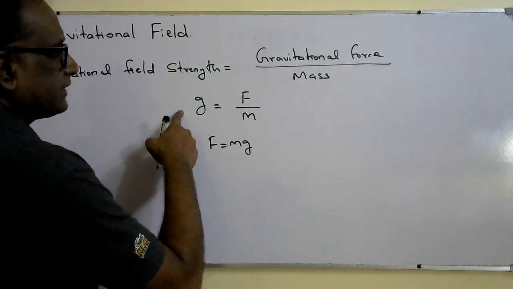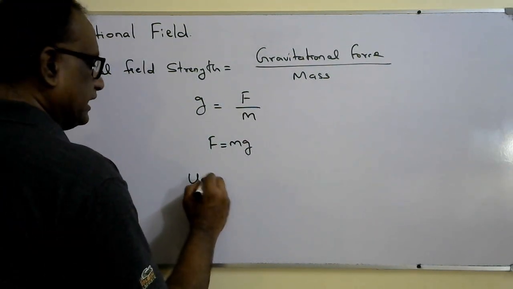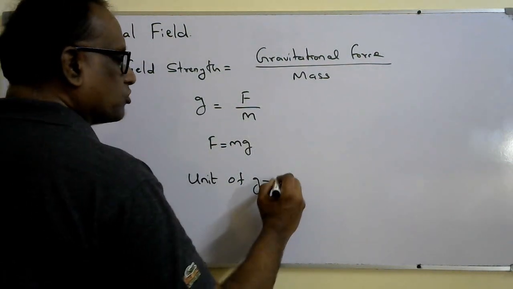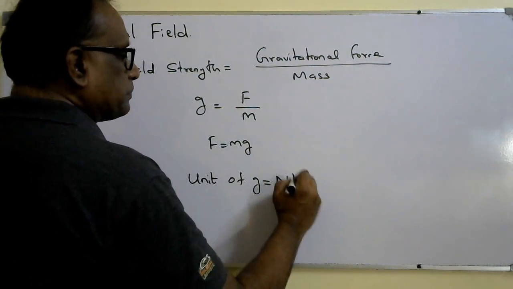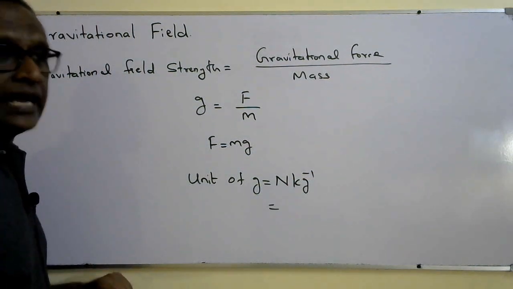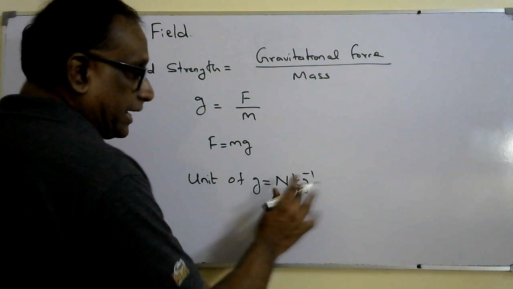The unit of gravitational field strength, the unit of g, will be the unit of force, which is newton, per kilogram. If you want, you can give it in SI base units.